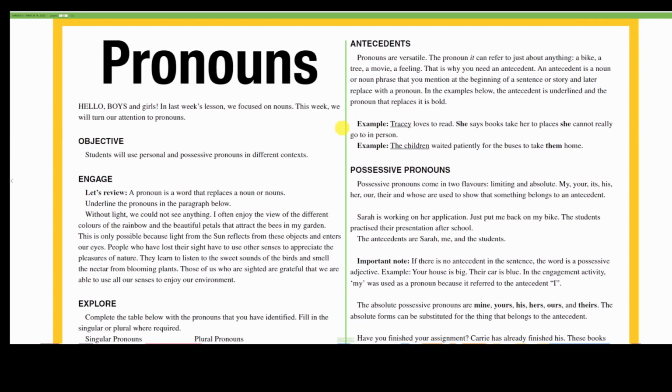So here's the example. Tracy loves to read. She says books take her to places she cannot really go in person. So the antecedent is Tracy, and we replace Tracy's name with she in two instances. So whenever we see she, we know that it's in direct reference to Tracy.